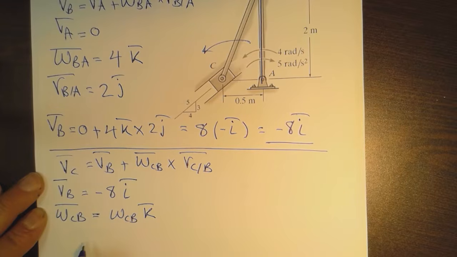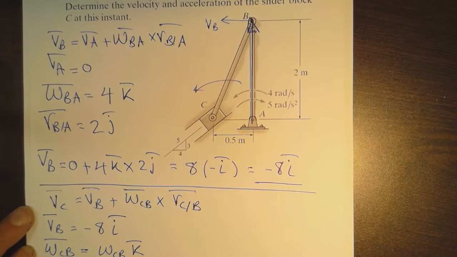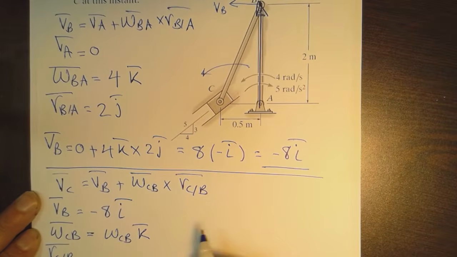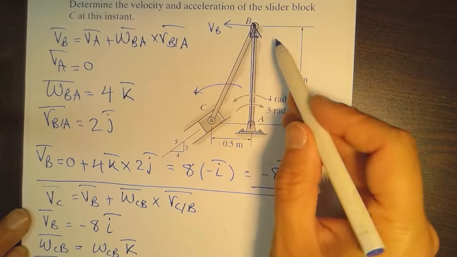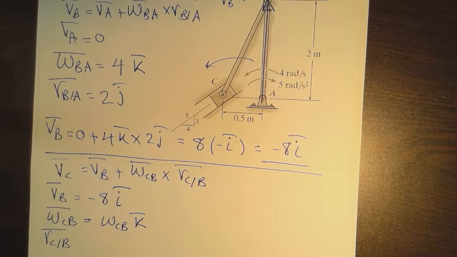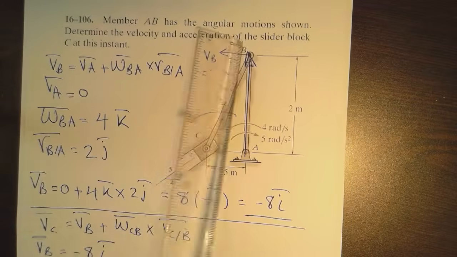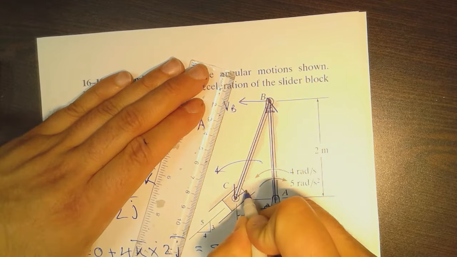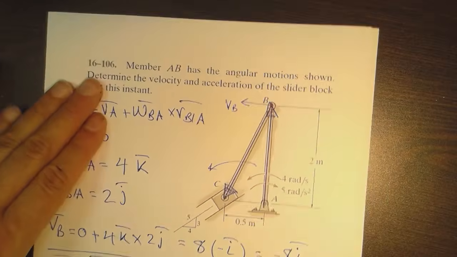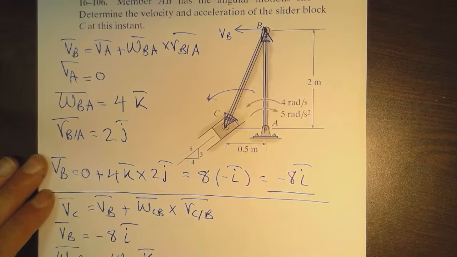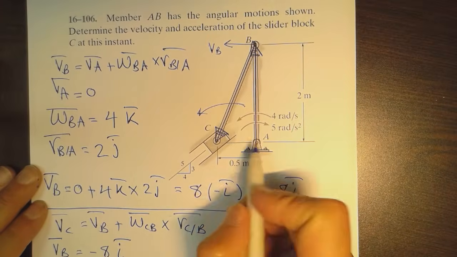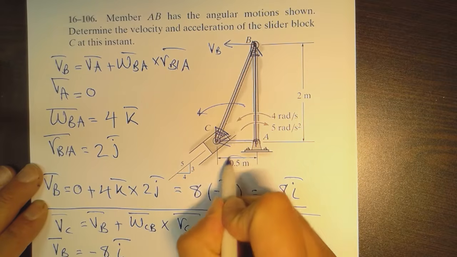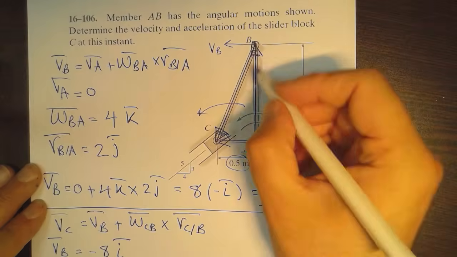For RCB, it is a vector that starts from B and ends at C. So I'm going to draw this to illustrate. And the tip here is at C. You can see it has 2 components, and they are already resolved. It has the x component, which is minus 0.5i, and it has the y component, which is minus 2j.